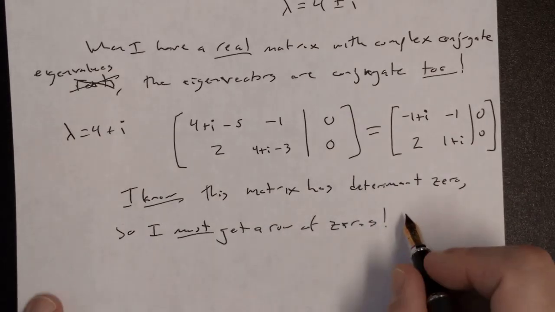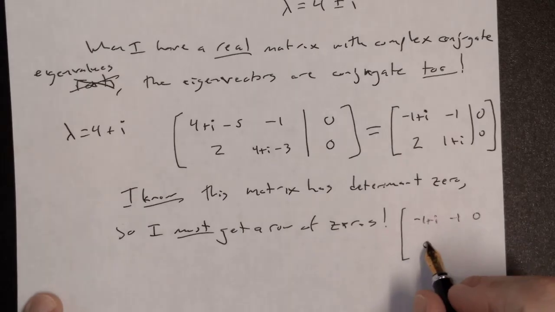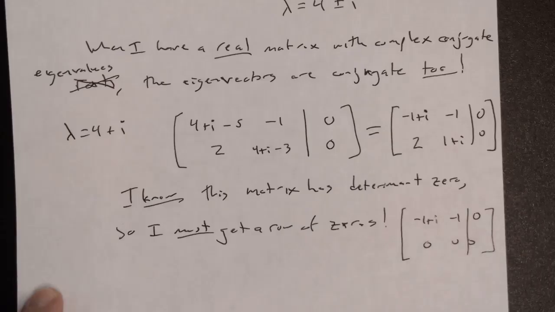Since I must get a row of zeros, I'll just throw out the bottom row. By the way, that's an arbitrary choice. You could just as easily throw out the top row. But I promise there's a reason I threw out the bottom row.